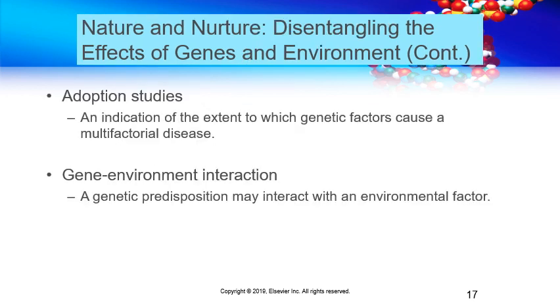Now, children who are born to parents who have a disease, but then are subsequently adopted by parents lacking the disease, are also studied for disease recurrence. Okay, so adoption studies. That helps us indicate how much of those genetic factors actually cause that multifactorial disease. And again, that gene environment interaction.